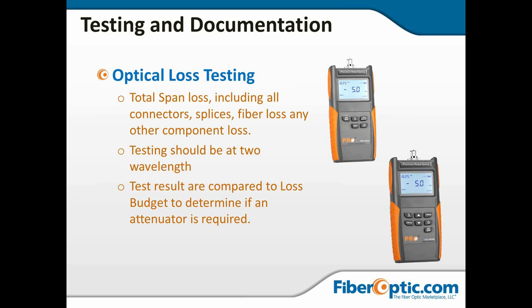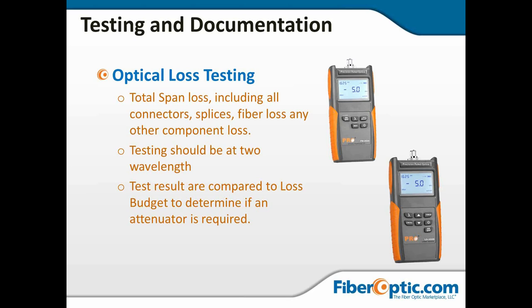We should always test at 2 wavelengths. When we're doing our loss testing, we want to look at the wavelength we're going to operate and at least one higher. And I generally like, when I'm having people test their construction and turn in traces or loss characteristics to verify what they've done, I like 1625 being reported, because if there's a macro bend or anything bad in the construction, that's going to show up as excessive loss at 1625.